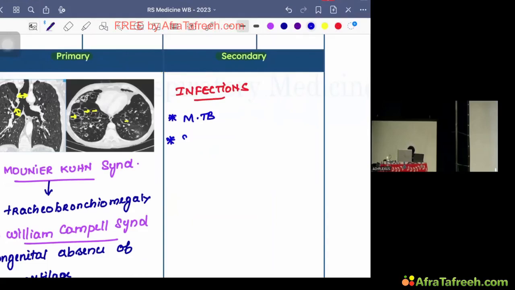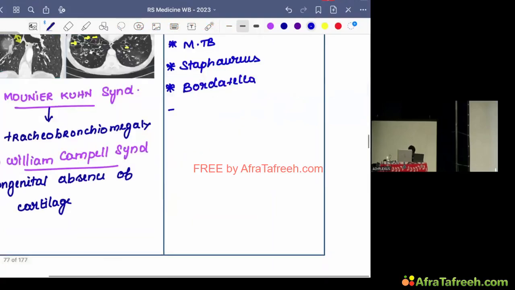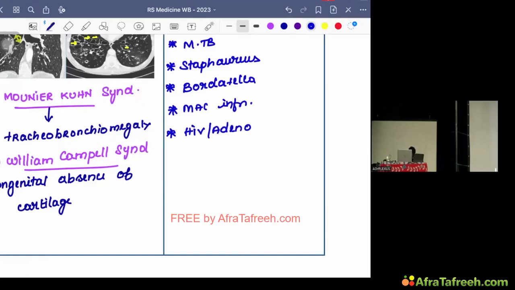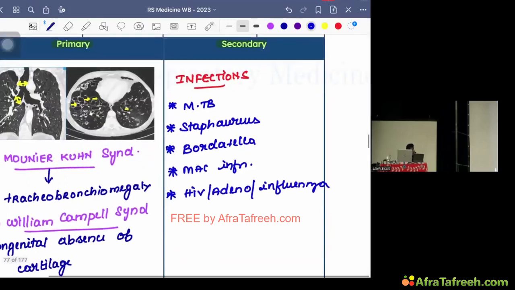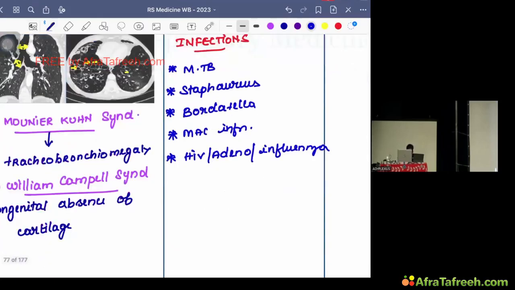Apart from this, we have Staphylococcus aureus infection, Bordetella infection, MAC infection, and viral infections like HIV, adenovirus, and influenza. Okay, infections like Mycobacterium tuberculosis, Staph aureus, Bordetella, MAC infections, and viral infections.